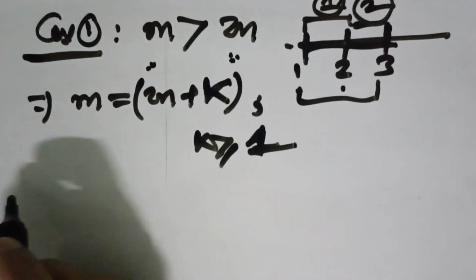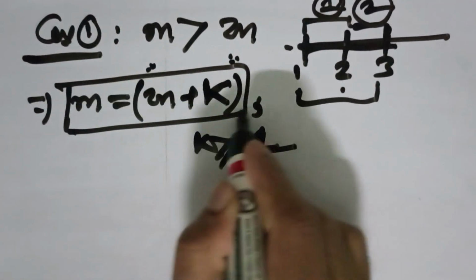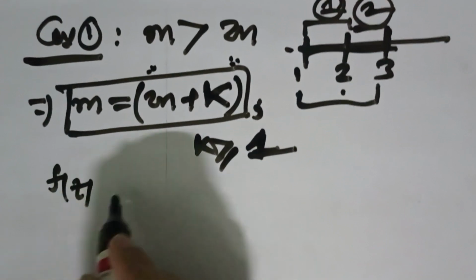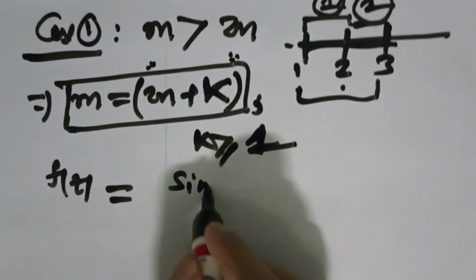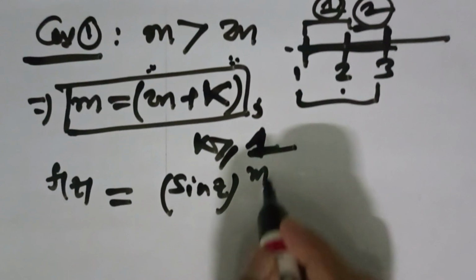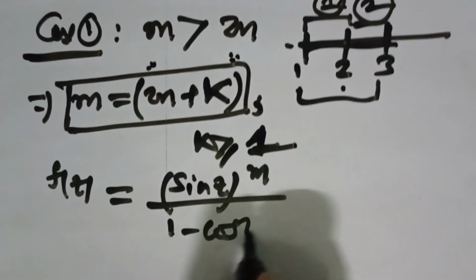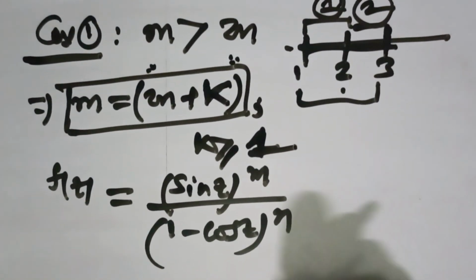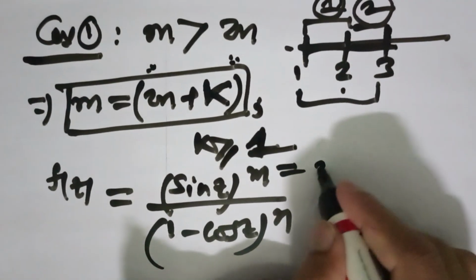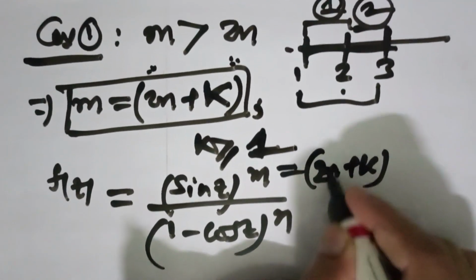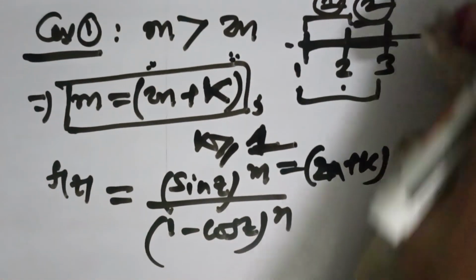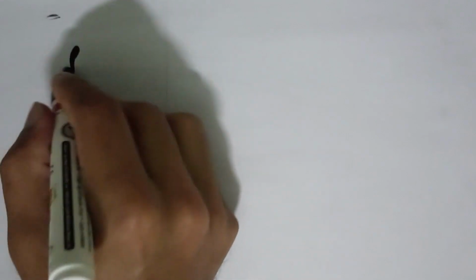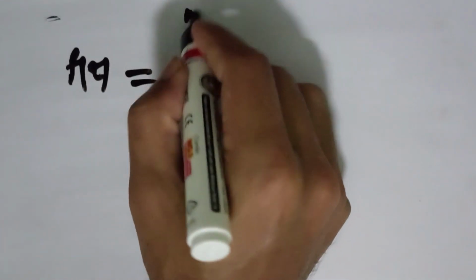Okay, so now put this value in f(z). What is f(z)? It is sin z to the power m by 1 upon cos z to the power n. I am going to evaluate this limit, and you have to put m is 2n plus k, considering the case m greater than 2n.